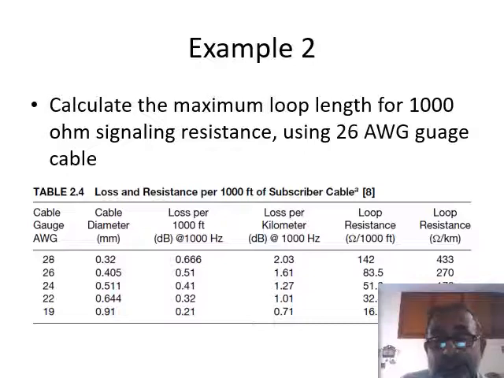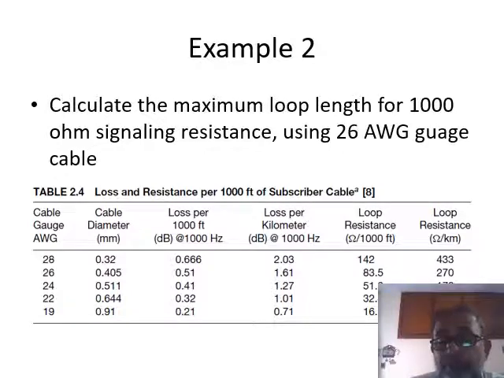Now the next column gives you the loss in dBs per 1000 feet, and the fourth column gives you the loss in dBs per kilometer. Both of these are given at 1000 hertz, which is the American standard. The fifth and the sixth columns give you the loop resistance in ohms per 1000 feet and ohms per kilometer.